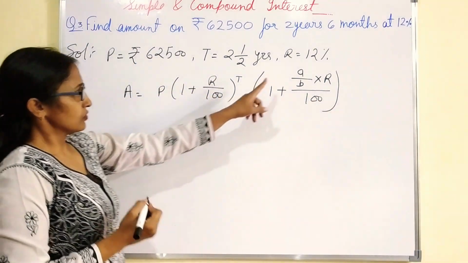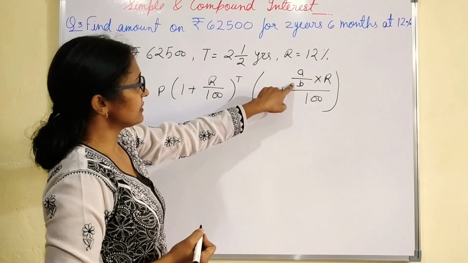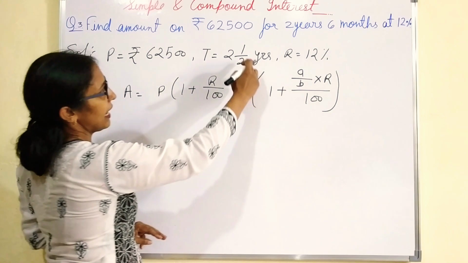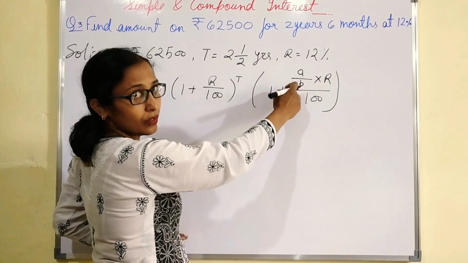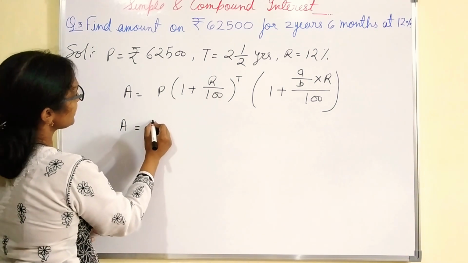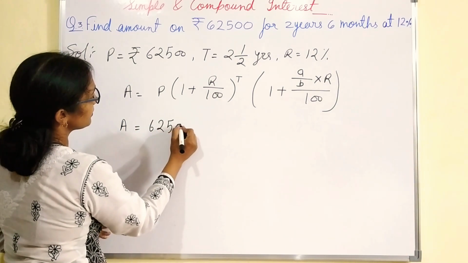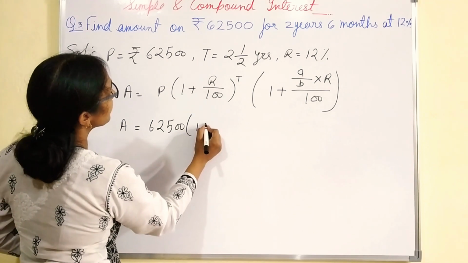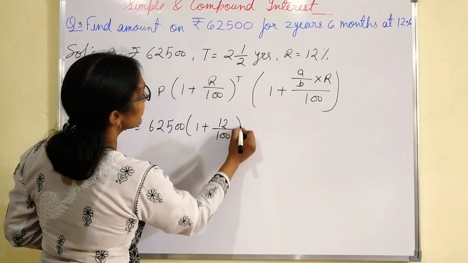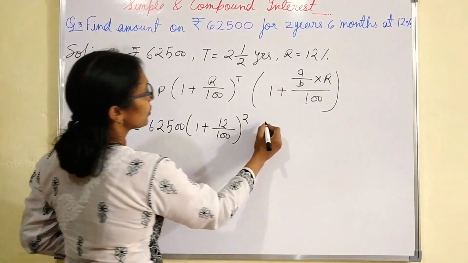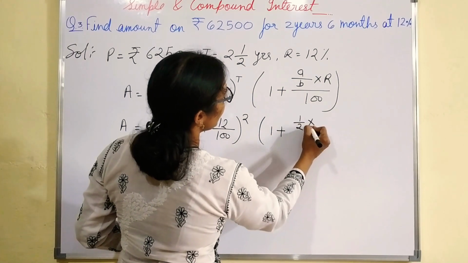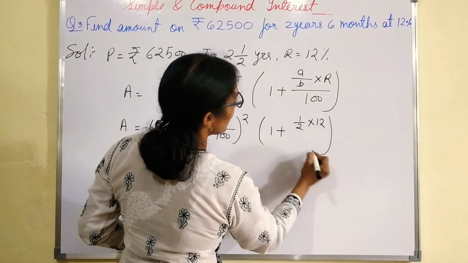A upon B means the year that is in fraction. 2 will come here and half will come here. So principal is 62,500, (1 plus 12 upon 100) power 2, (1 plus half into 12 whole upon 100).